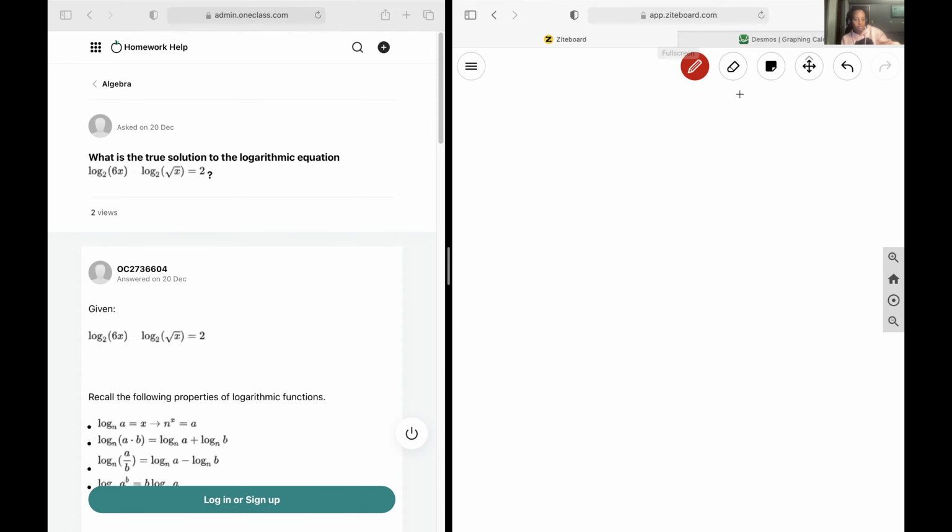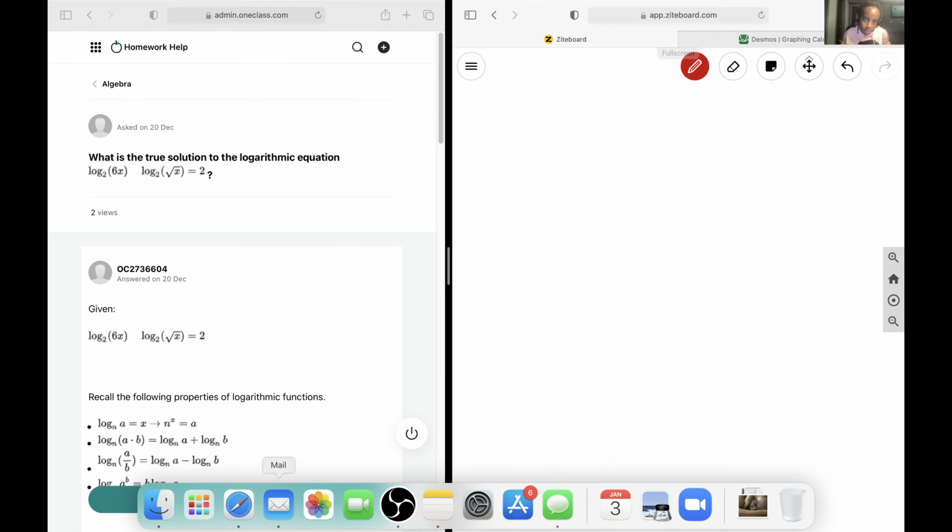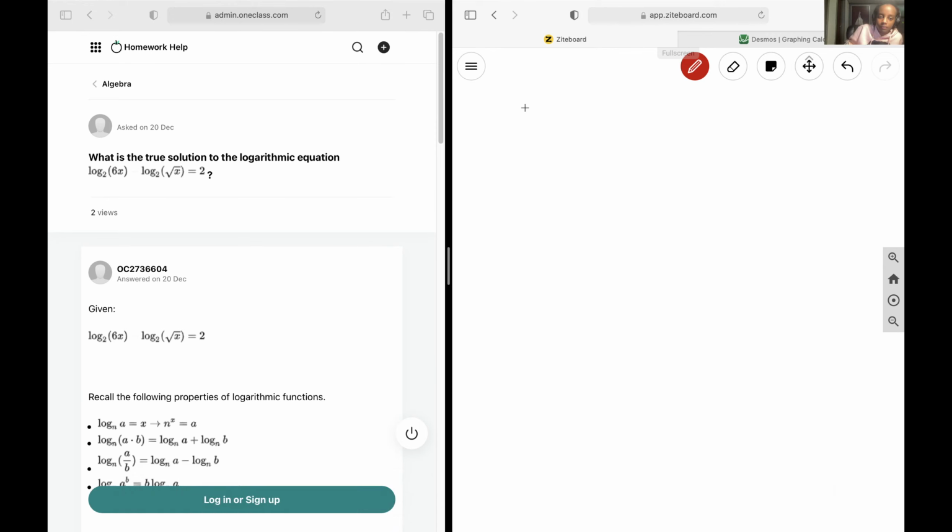Okay, next up, we'd like to find out the true solution to the logarithmic equation given to us here. So we have log base 2 of 6x minus log base 2 of root x is equal to 2.